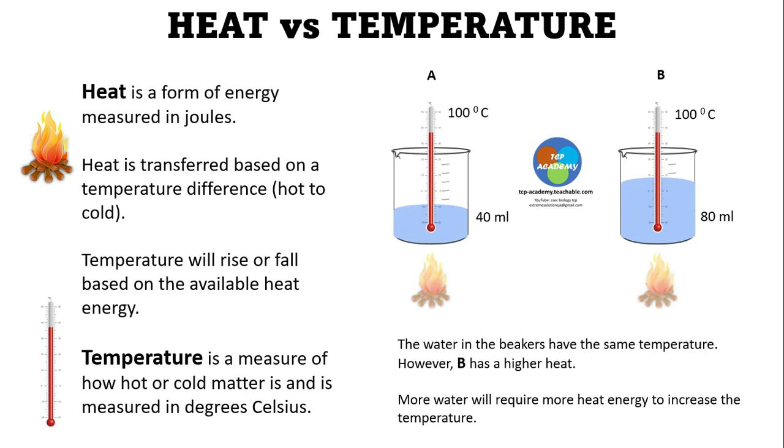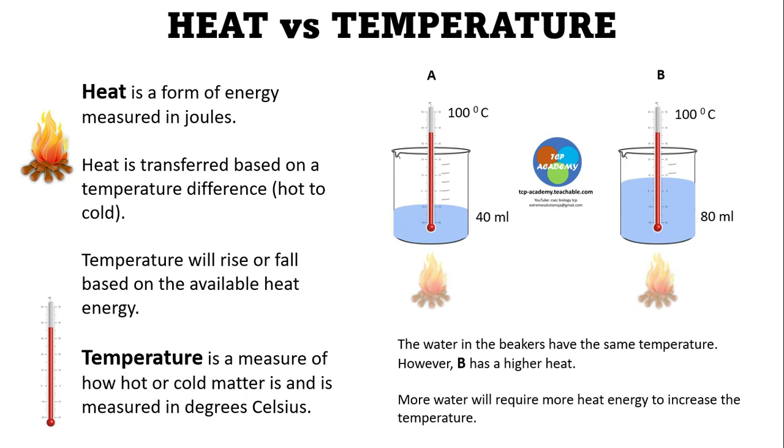Now you can relate to the fact that if you were to put these two beakers onto your stove, one with 40 ml or half the amount of water of the other, you'd understand that the one with the 80 ml would take a longer time to boil, or a longer time to reach 100 degrees Celsius, because it is absorbing more heat energy in order to excite the water molecules for that collision to take place to bring them up to the temperature of 100 degrees Celsius.